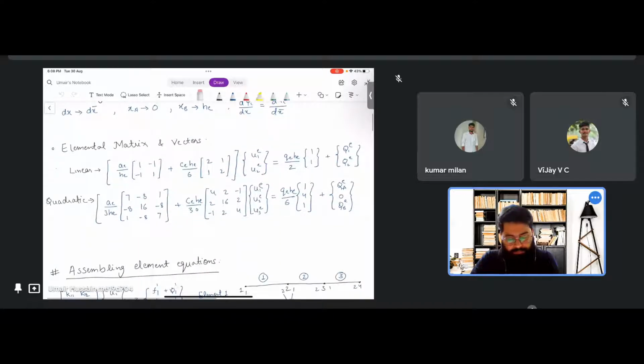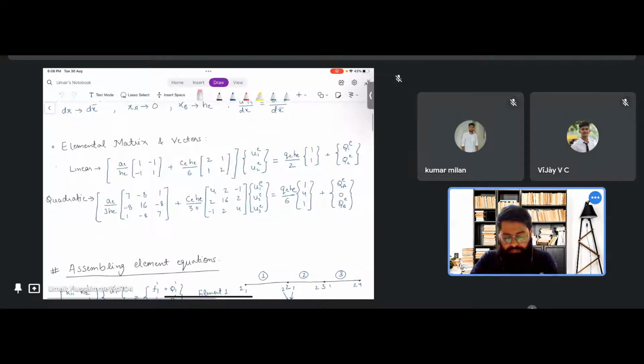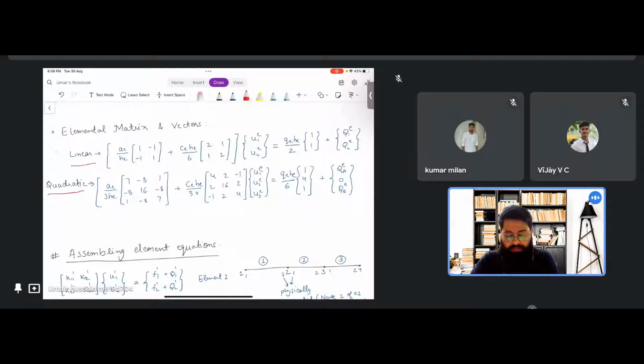For some given differential equation, we'll have the matrices coming in the form like this if we take the linear functions, and if we take the quadratic shape function, we'll get the matrices in this form.